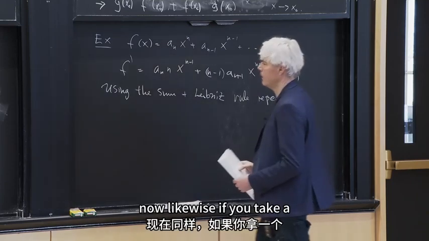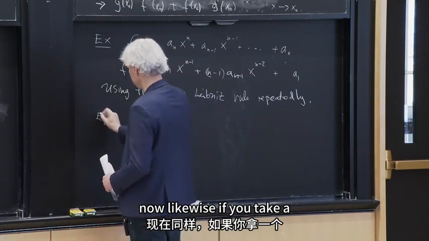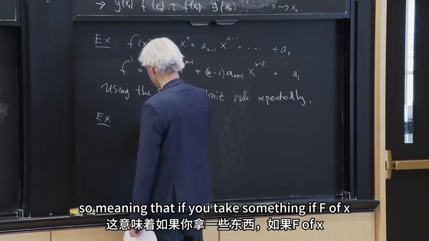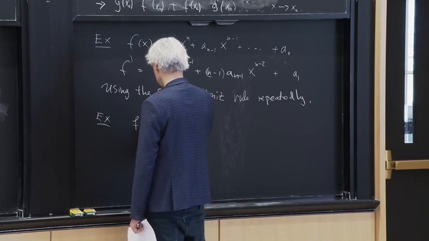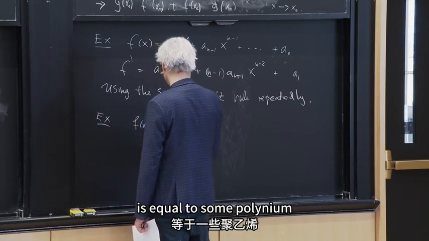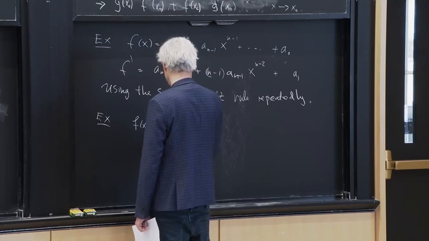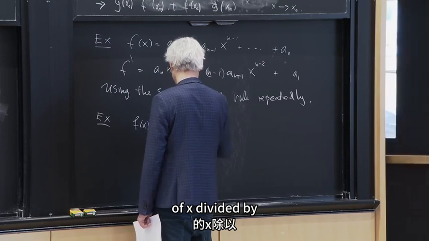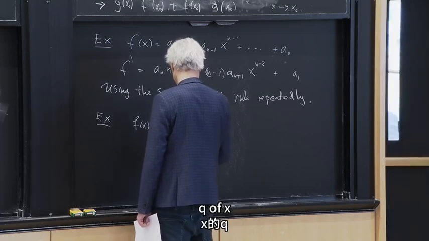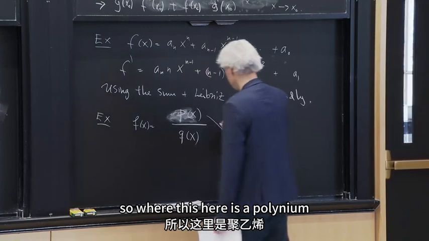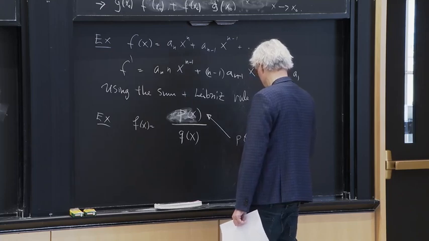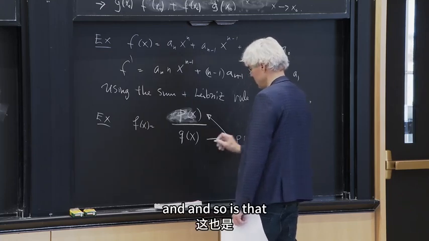Okay. Now, likewise, if you take a rational function, meaning f of x is equal to p of x divided by q of x, where this here is a polynomial, and so is that.